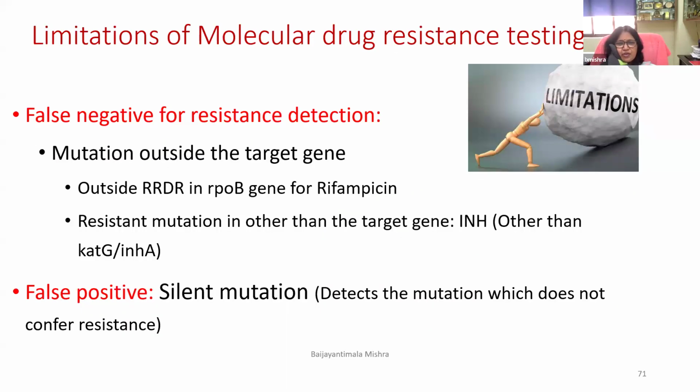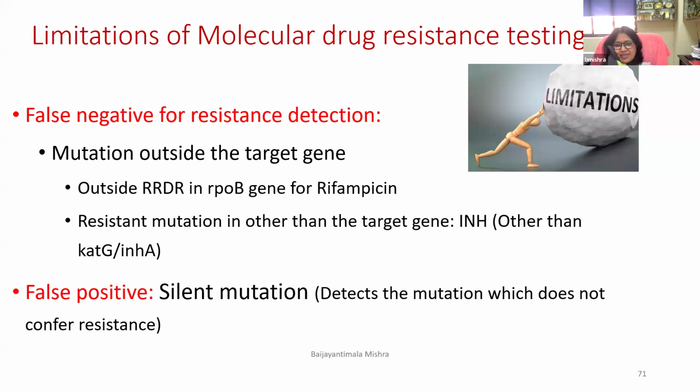Now, what are the limitations of molecular drug resistance testing? Be it any test, there can be false negatives and false positives as well. A false negative for resistance detection can occur where the mutation is outside the target gene. For example, if it is outside the RRDR of the rpoB gene for rifampicin, the system will give resistance not detected. That means the resistance mutation is in a gene other than the target gene.